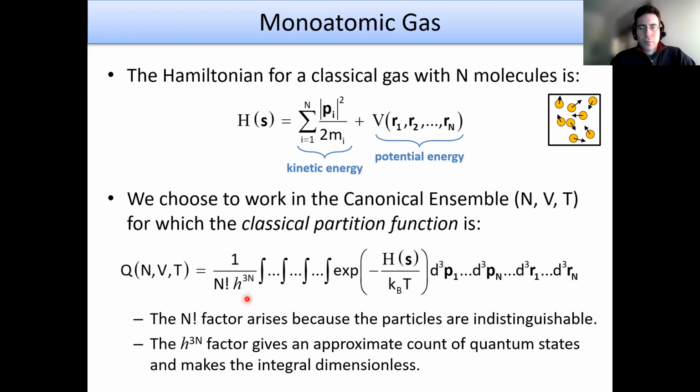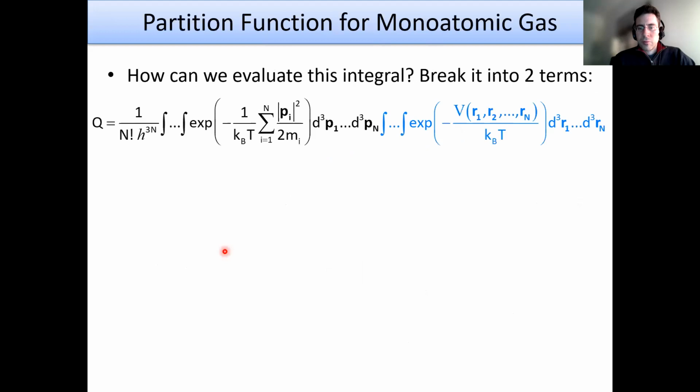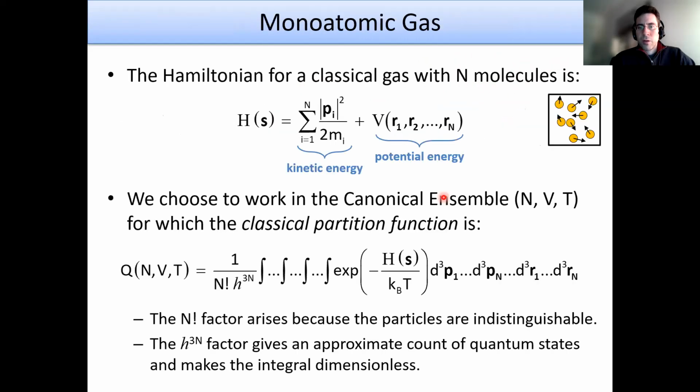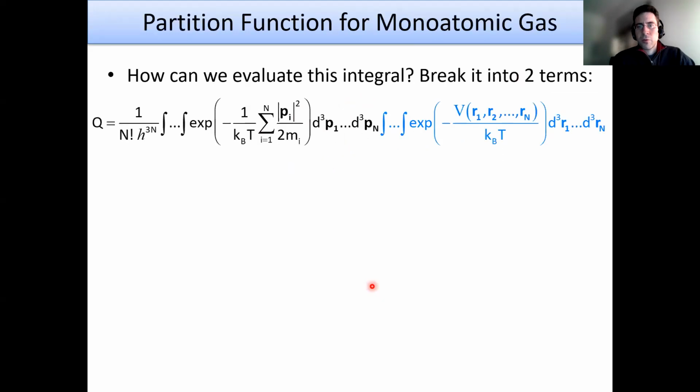Okay, so this is the classical partition function then, and we know that we can evaluate this integral by breaking it into 2 terms. How do I do this? I'm just substituting this Hamiltonian here, right? So I will have e to the sum of something, which gives me a product.